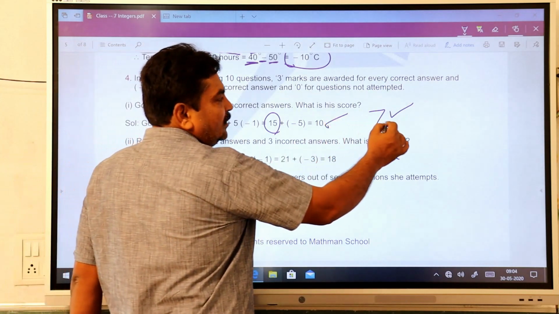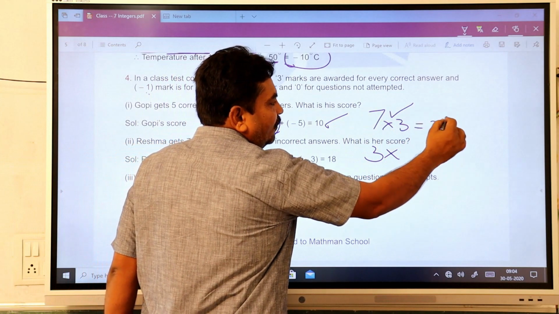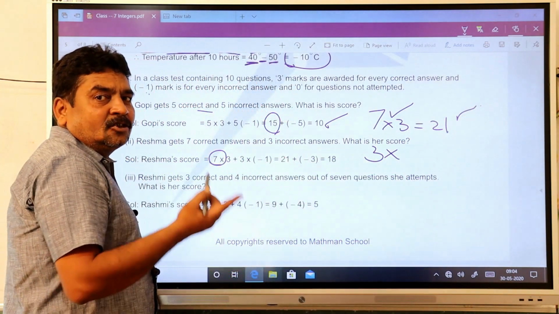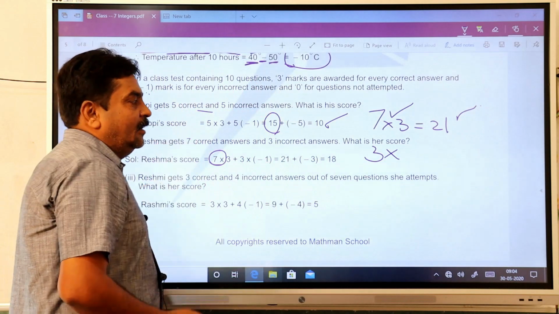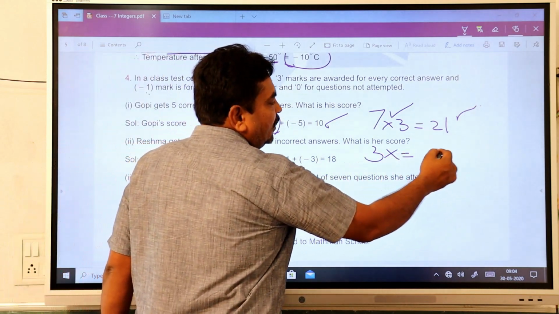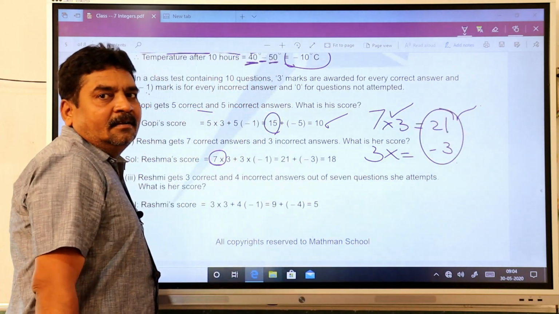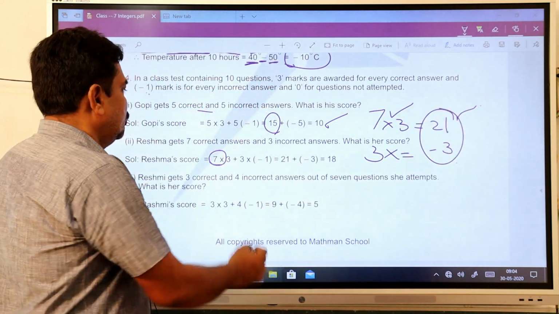So 7 into 3, how much? 21 for correct answers, and she scored minus 1 for each of 3 wrong, that is minus 3. So 21 minus 3, how much? 18. So this is what is given here.